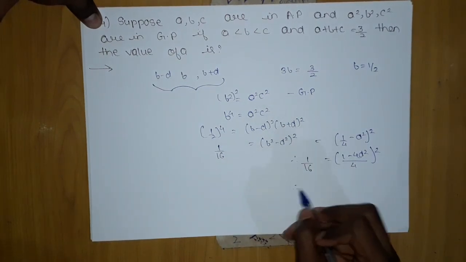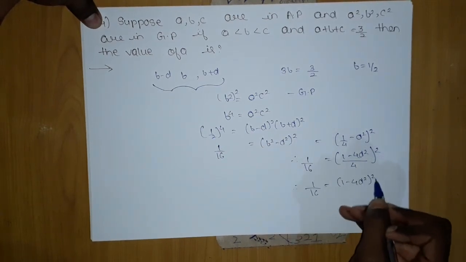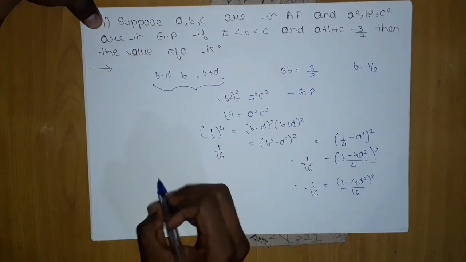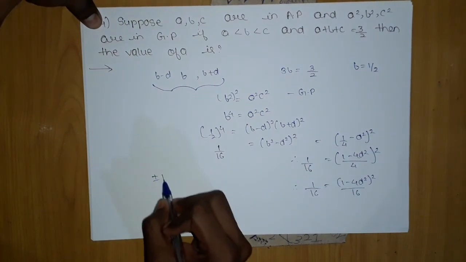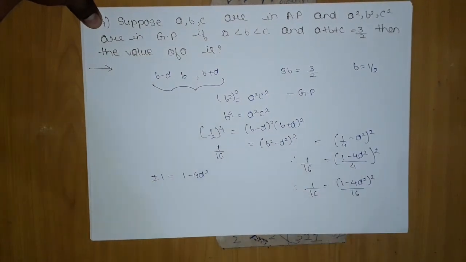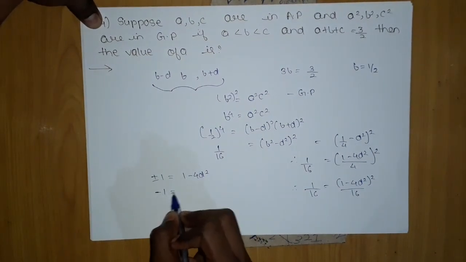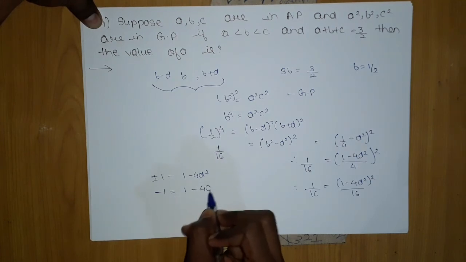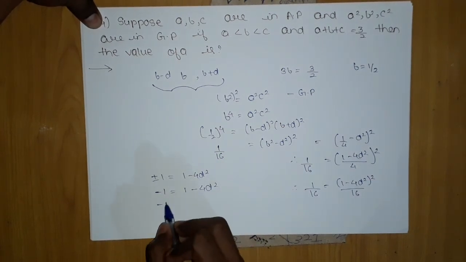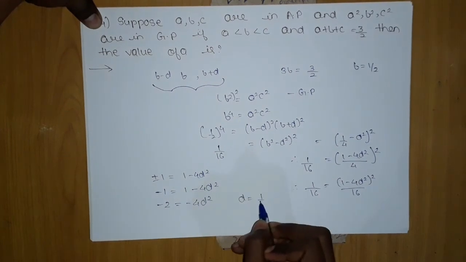Further on I get 1/16, 1 minus 4d square the whole square upon 16. 16 will cancel out, and here it will be plus minus 1 should be equal to 1 minus 4d square. If I move the square here, now if I take negative 1, minus 1 is equal to 1 minus 4d square. Minus 2 is equal to minus 4d square. I get d is equal to 1/2.